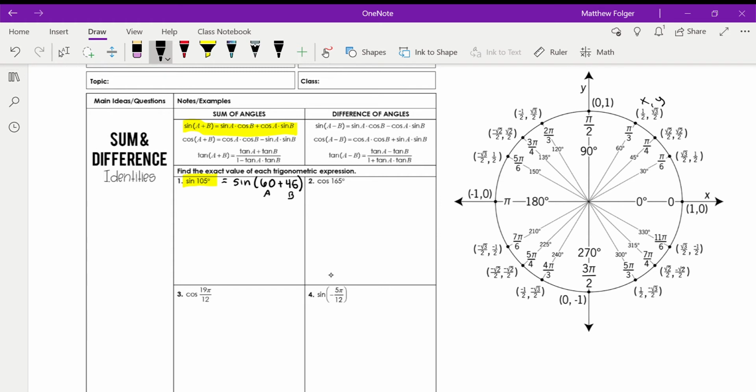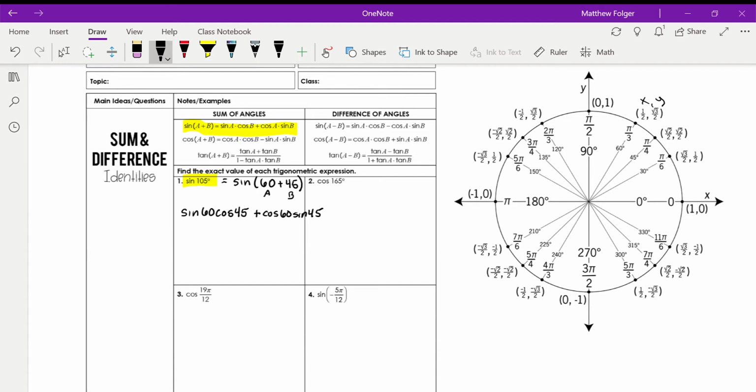So I'm going to have sine of 60 cos 45 plus cos of 60 sine 45. I know the exact value of each one of those things, so let's find those on the unit circle.